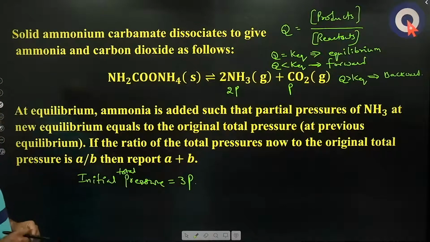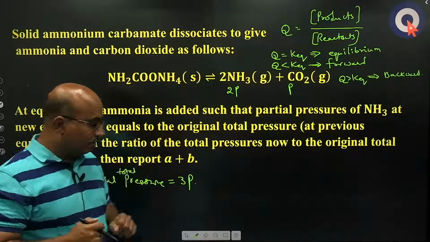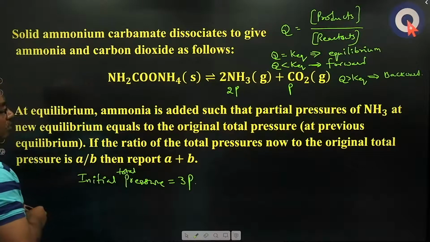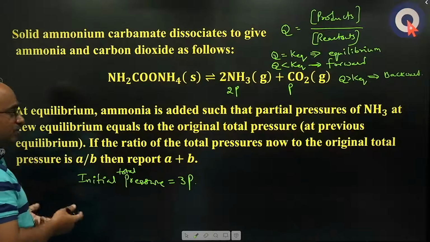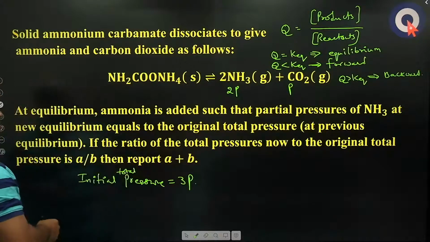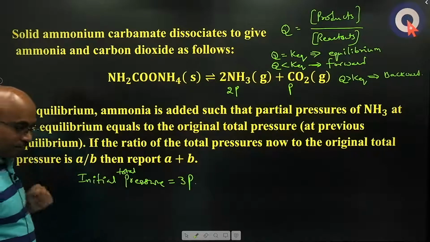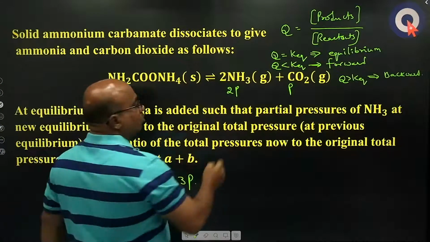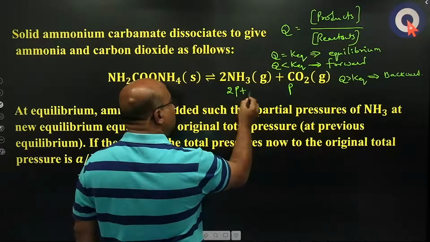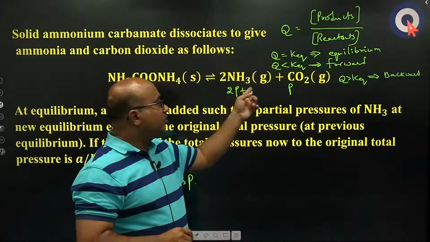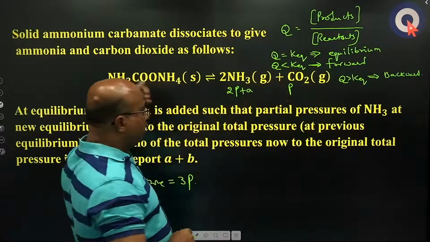Then what was given here is that some ammonia is added, but in the new equilibrium which is reached, the original total pressure becomes equal to the partial pressure of ammonia. How much we added, we don't know. So we added some pressure a, let us say. But when we added this, the reaction starts moving in the backward direction.